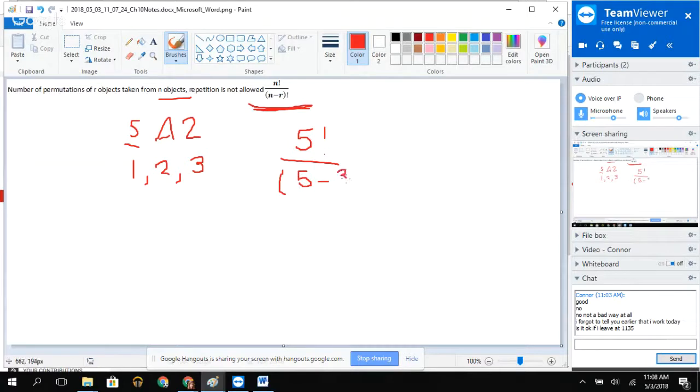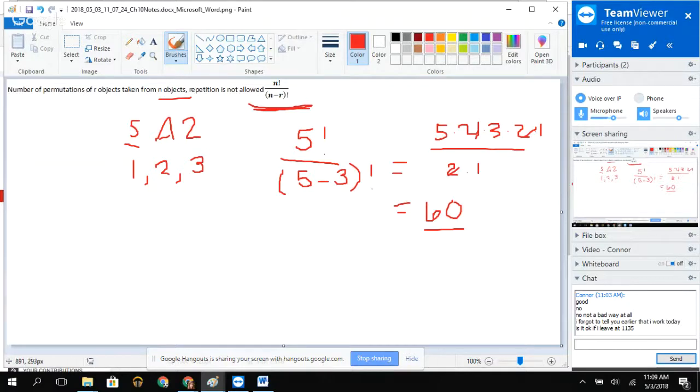So we subtract 3 factorial, and basically we have 5 times 4 times 3 times 2 times 1 over 2 times 1. So that means there are 60 different ways that we could have a person in first, second, and third picking a restaurant that we were going to go to.